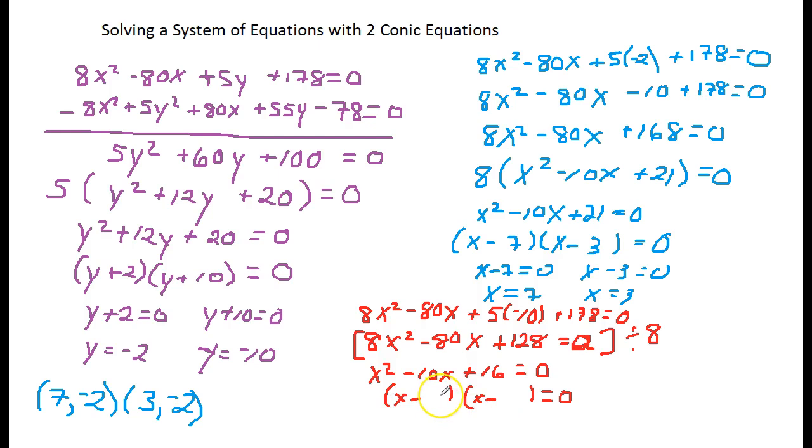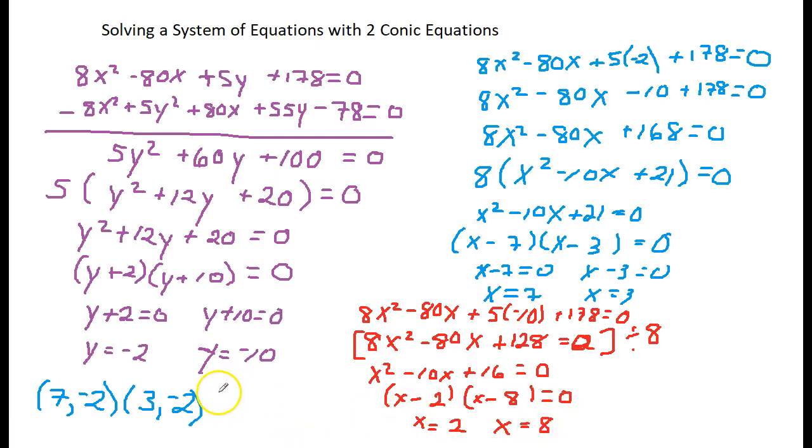Well, how about 2 and 8? 2 plus 8 makes 10, and 2 times 8 is 16. So 2 and 8. So that means x minus 2 equals 0. So x will equal 2, and x minus 8 will equal 0. So x will equal 8.